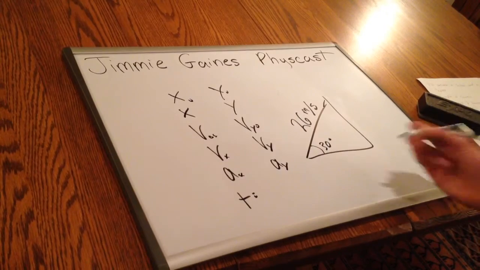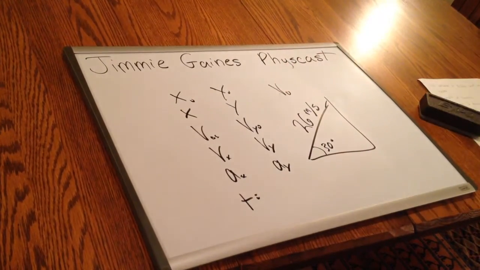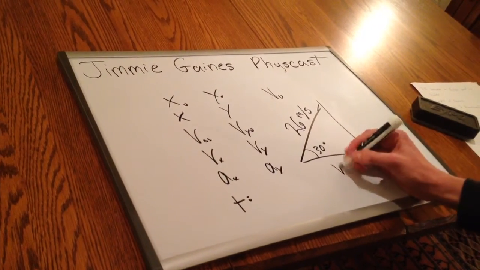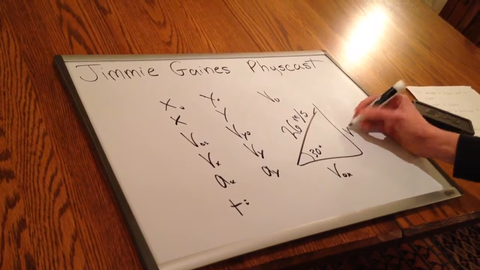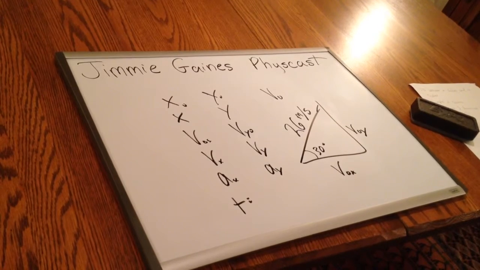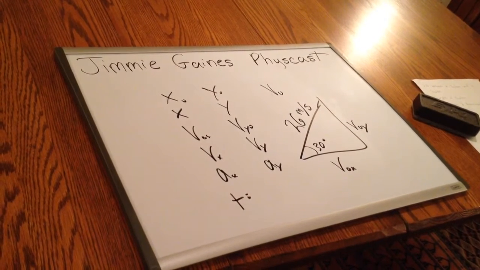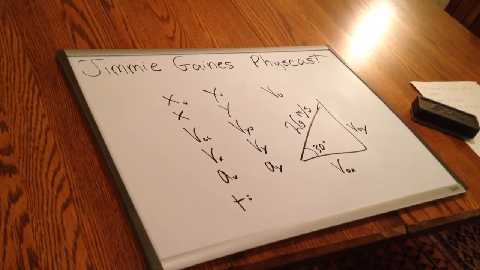Now this is your v naught, so your starting velocity. On the x-axis of your right triangle, you'll have v naught x and v naught y on the y. So you can use what I just showed you, whether it's tangent, cosine, or sine, to find your v naught x or your v naught y and plug that directly into your table.